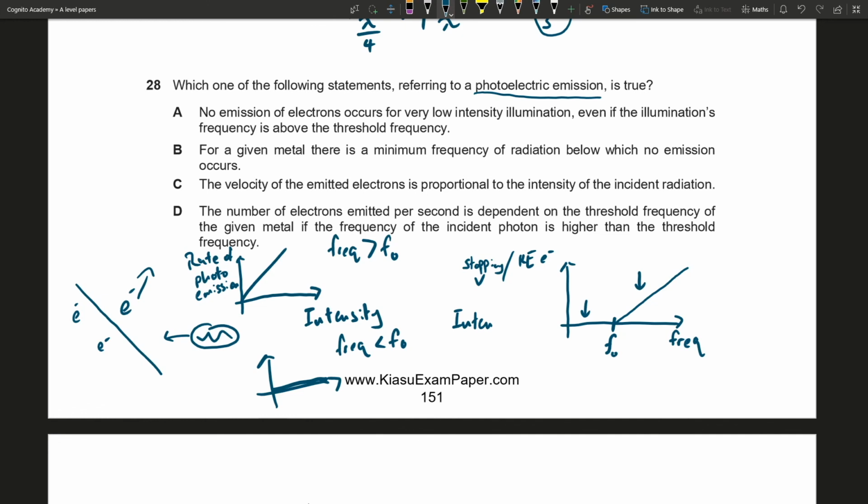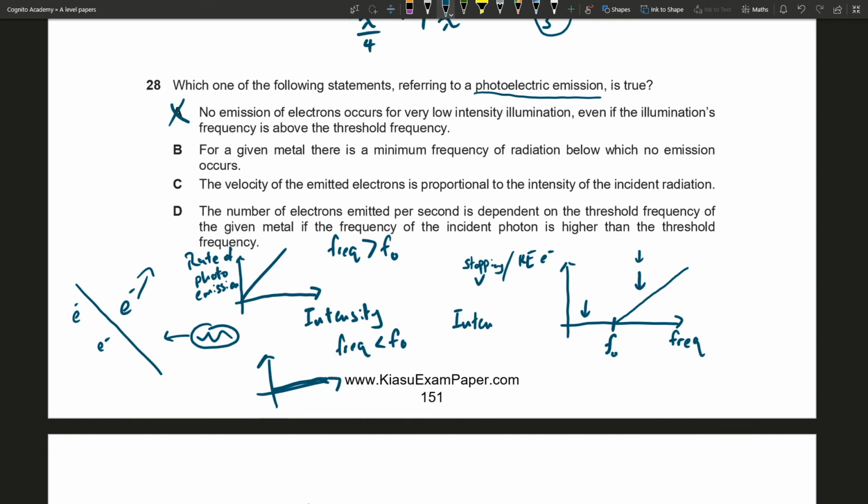Remember that over here, if the frequency of light we shone is above the threshold frequency, the rate of photoelectric emission will be directly proportional to the intensity of light shone. So as long as you've shone some light, there would be emission of electrons. So A is wrong. B, for a given metal, there is a minimum frequency of radiation below which no emission occurs. Yep, that is true.